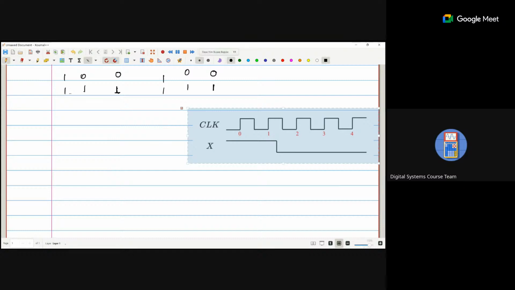Now in this question, what is it saying? These are my clocks: this one, this one, this one, this one, and this one. With respect to each clock, we are giving this input.